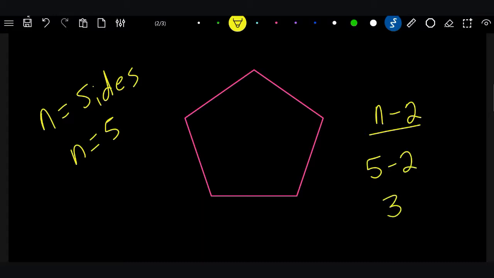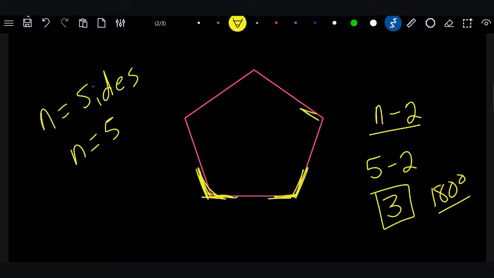So in this, there are 3 180-degree straight lines. And the sum of all the angles of the polygon is, so if you were to measure all of these angles, you would come up with 3 times 180.